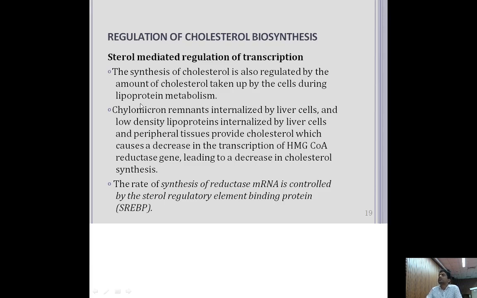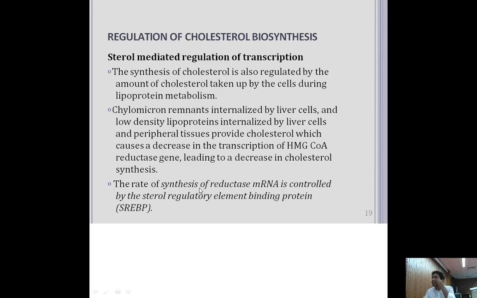So understand, if more and more chylomicron and LDL is present in circulation, it will be internalized by liver cells and different peripheral tissues. That increased level of cholesterol inside the cell will decrease the transcription of the HMG coenzyme reductase gene, leading to decreased synthesis of cholesterol.